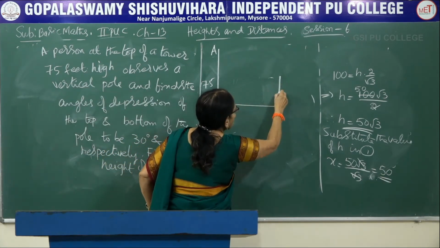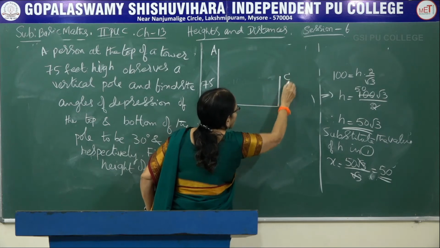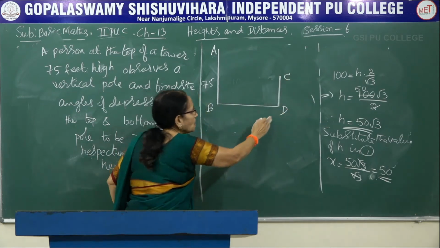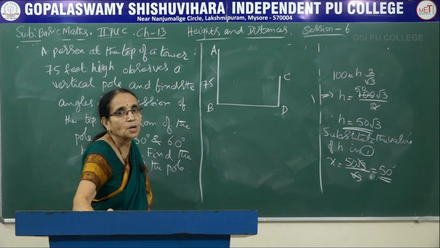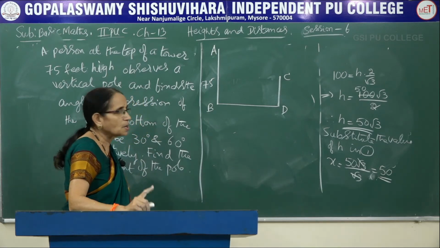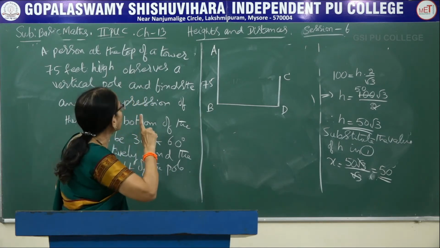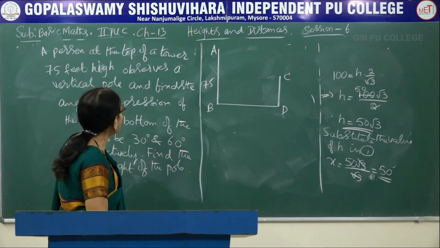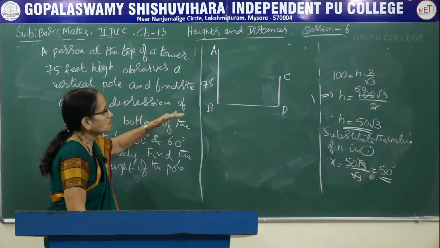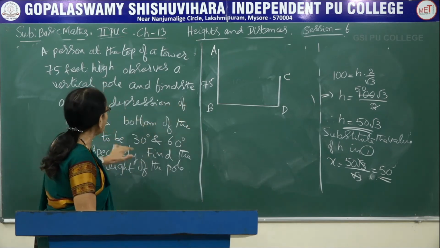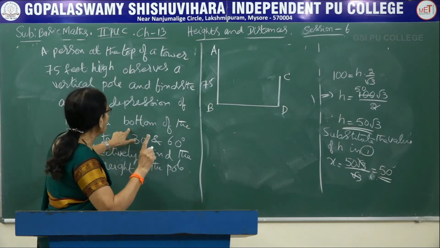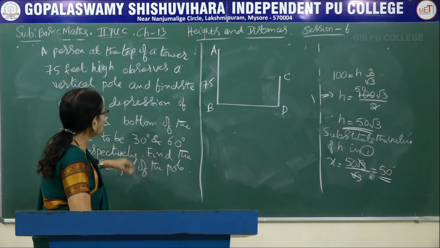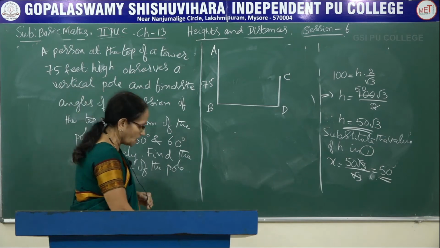Let me take the pole to be CD. So AB is the tower, CD is the pole. A person is standing on the top of the tower and he is observing the top and the bottom of the pole, which is also vertical, at 30 degrees and 60 degrees.